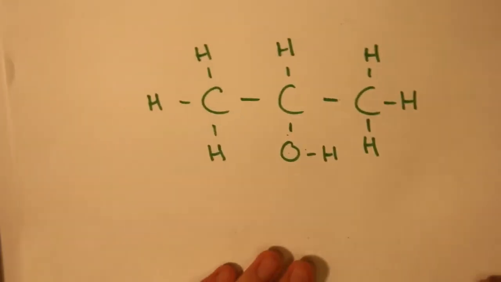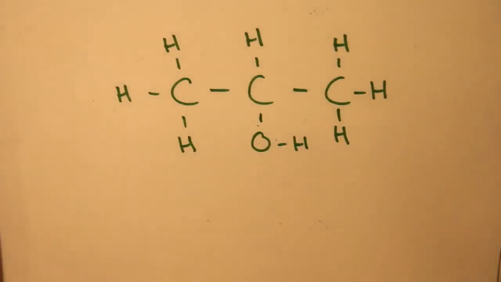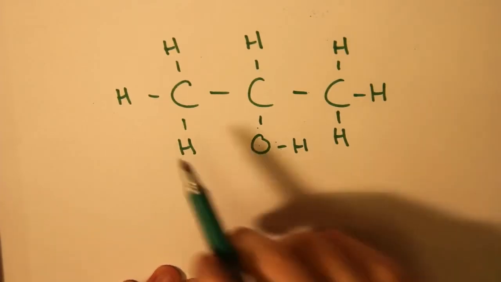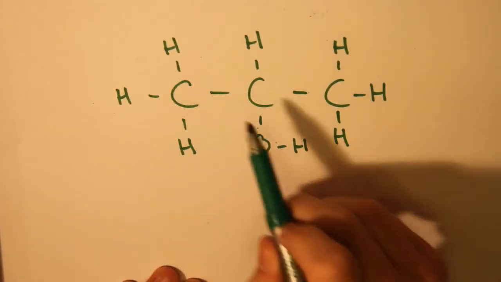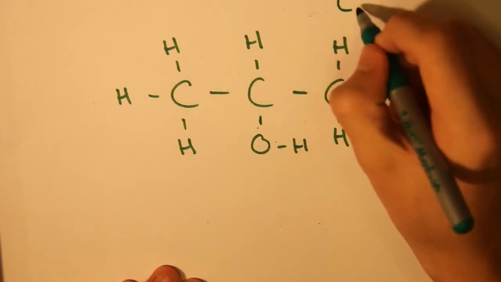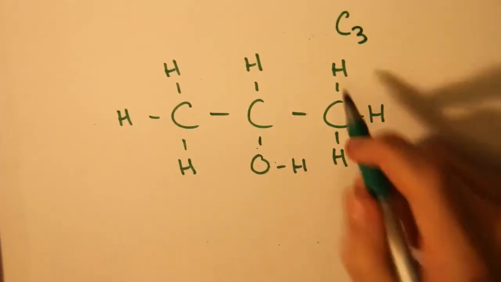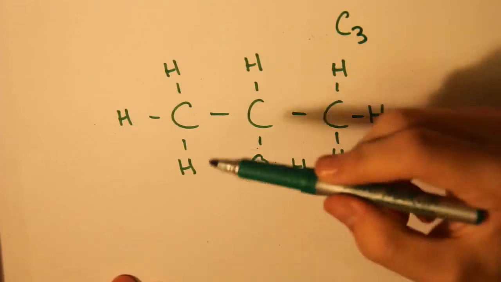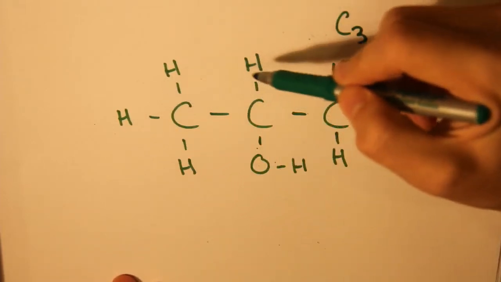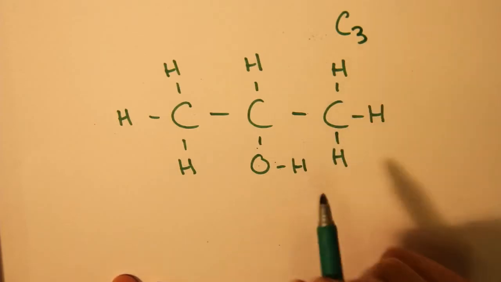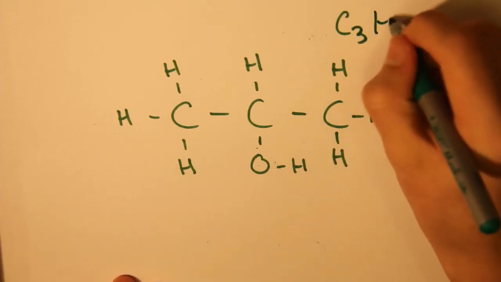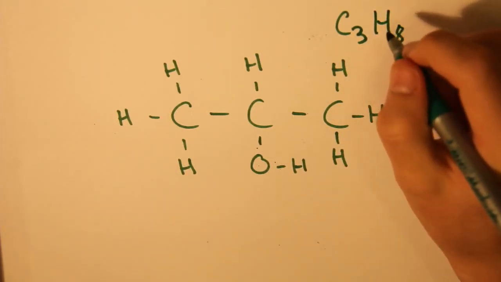Okay, for our last example, we are going to name this buddy. So first off, count the C's. 1, 2, 3. So C3, writing off again. There you go. C3. Now we'll count the H's. 1, 2, 3, 4, 5, 6, 7, 8. 8 H's.